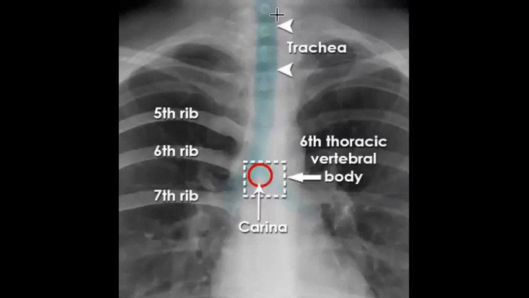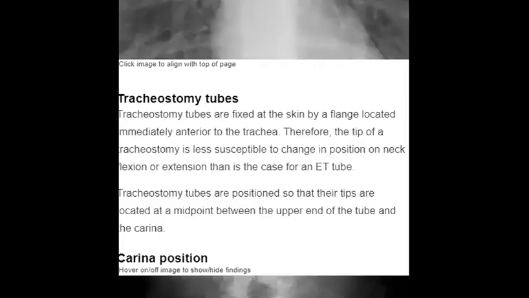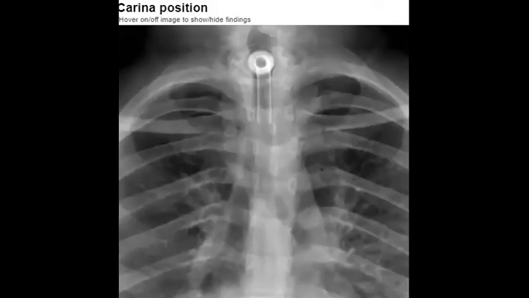Look in the trachea and try to find the 6th thoracic vertebral body, it is almost there. Or you can go by the ribs. For example, here 1, 2, 3, 4, 5, 6. So it will be vertebra number 6 here. So it should be here. Okay, so the cranial position.